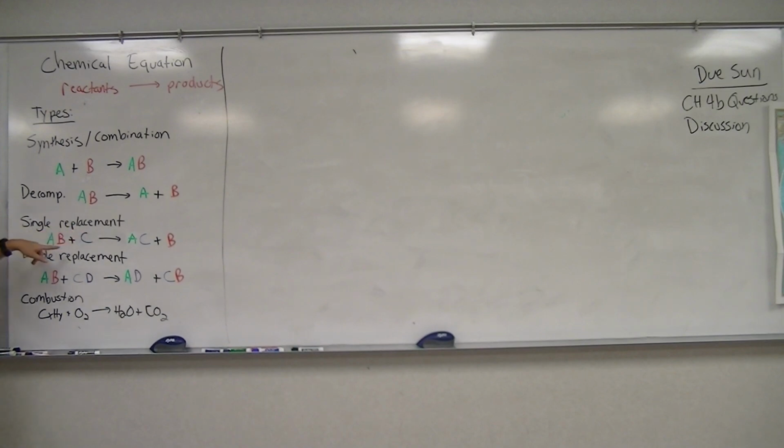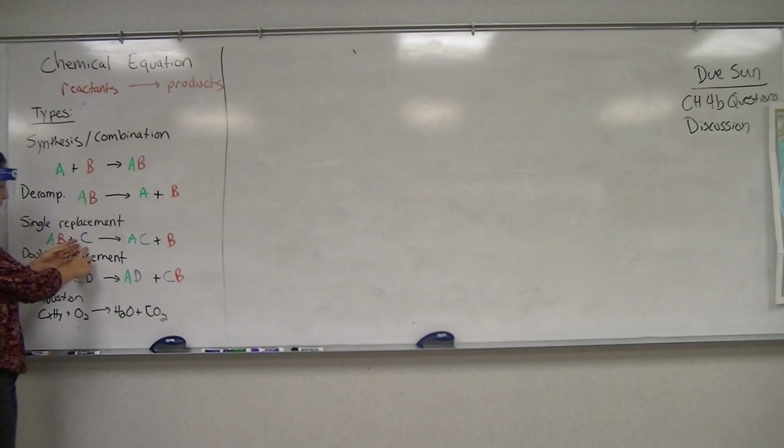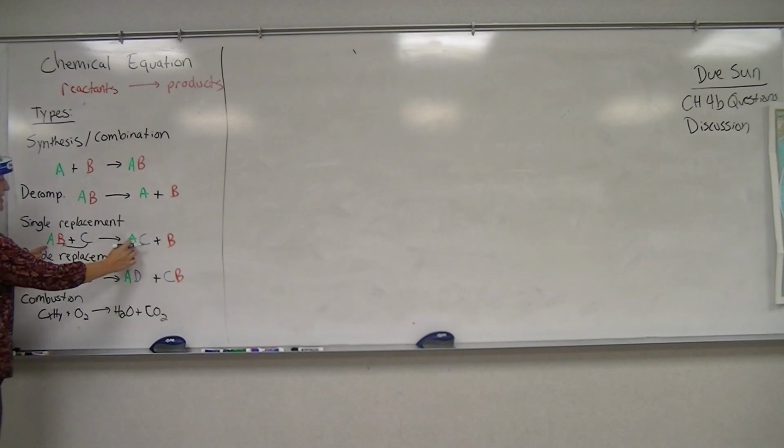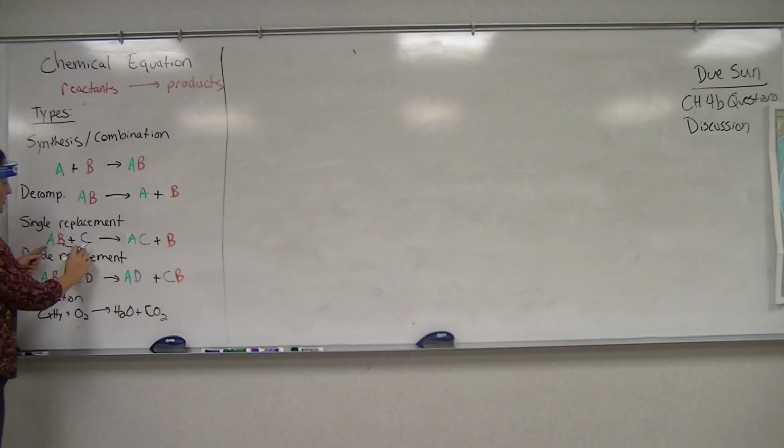For single replacement, notice we have a compound, A and B together, 2 elements combined as a compound, reacting with an element by itself. This C is an element all by itself. It could be oxygen, it could be copper, it could be a multitude of things. What's happening is this element is going to kick B out of that compound so that it can pair up with A. On the product side you can see now A is with C. So C, the element that was by itself on the reactant side, is no longer by itself.